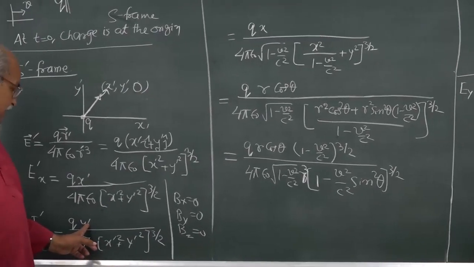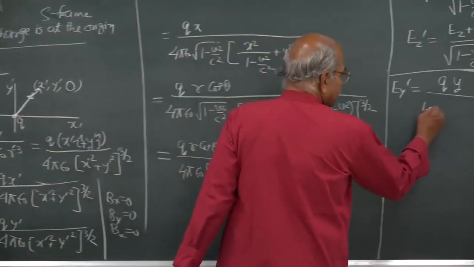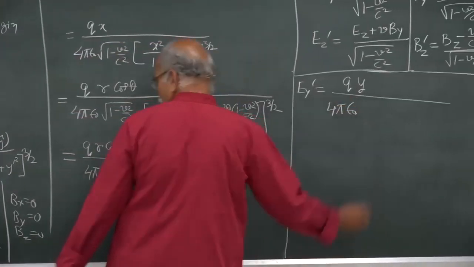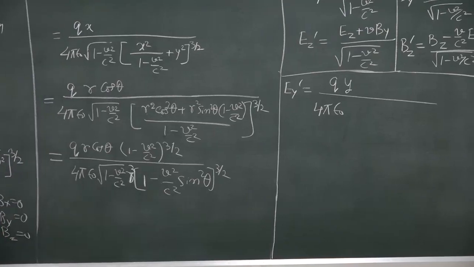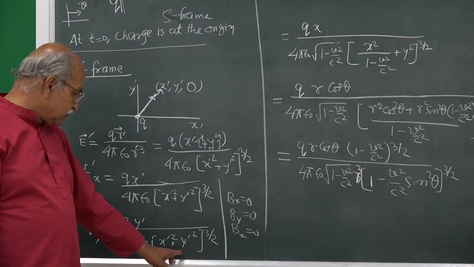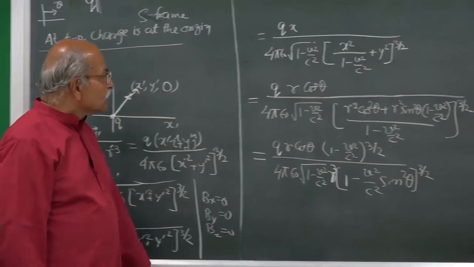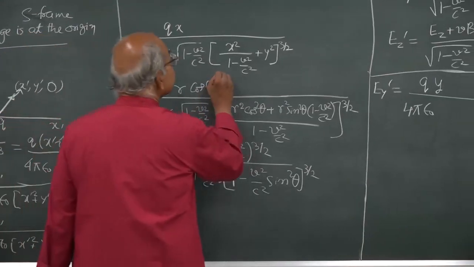So, y prime is y, and here 4 pi epsilon naught, and after that square of x prime, square of y prime, added, power 3 by 2, that is just this thing.